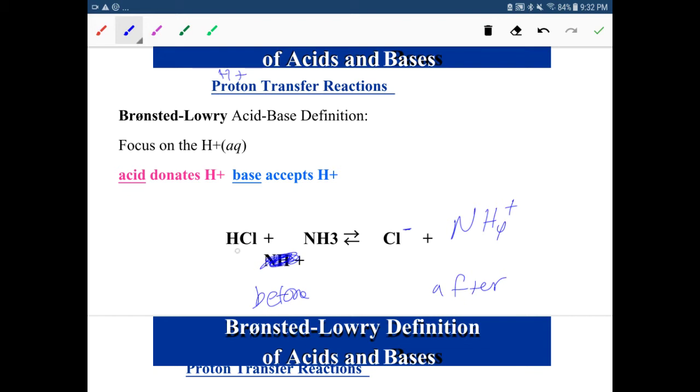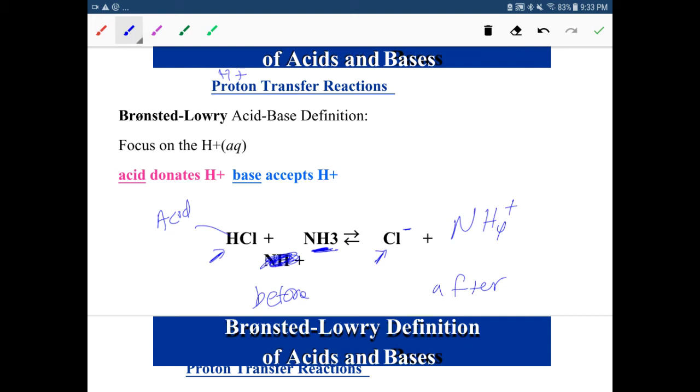Right. So again, HCl in the reactants right here, in the products you will see that it becomes Cl minus, meaning it lost the H. It donated the H. Therefore, HCl will be the Bronsted-Lowry acid, right? NH3, on the other hand, has 3 H's on the reactant side, but on the product side it's NH4 plus, meaning it gained an H plus to become NH4 plus.